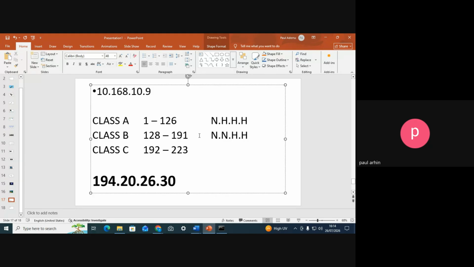In class C, the first three are the network, the last one the hosts. That's exactly how it works. Class A, the first one the network, the last three the hosts. Class B, the first two the network, the last two the hosts. Class C, the first three the network, the last one the hosts.